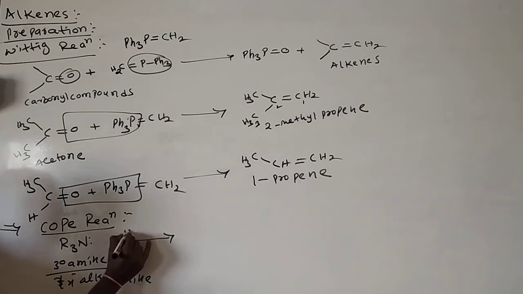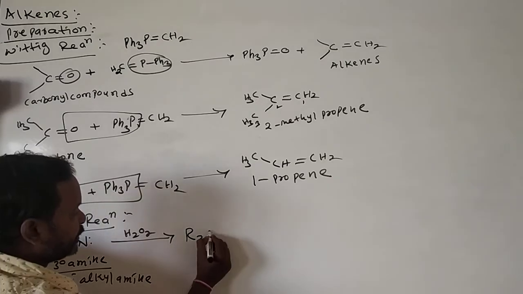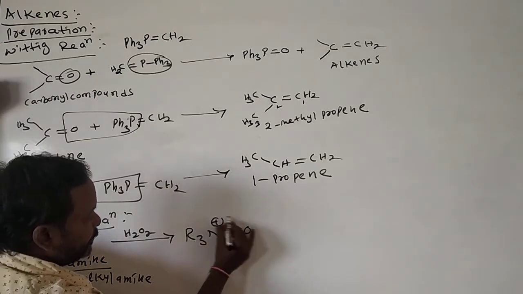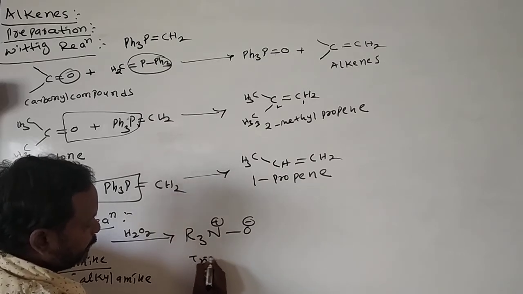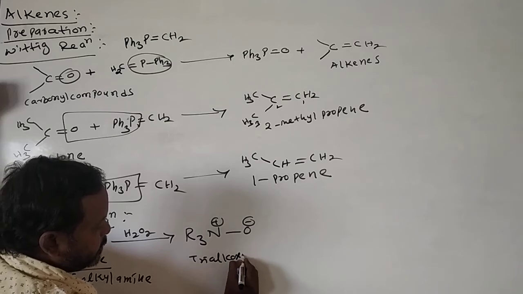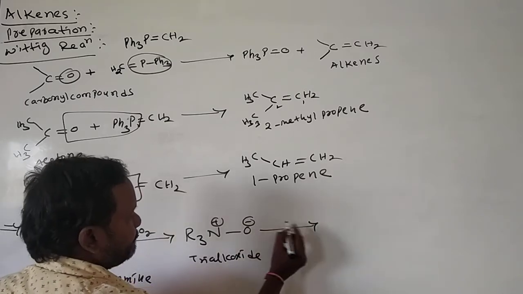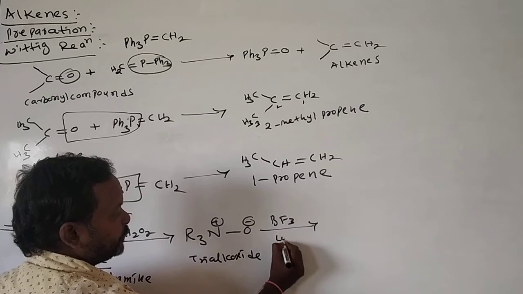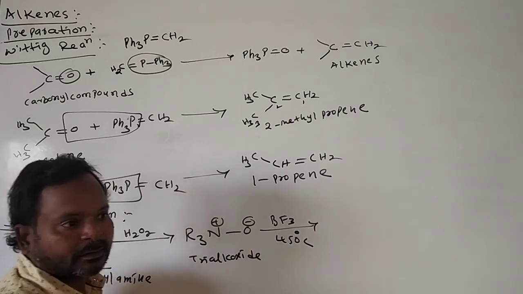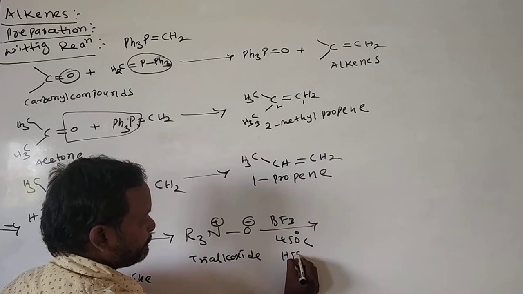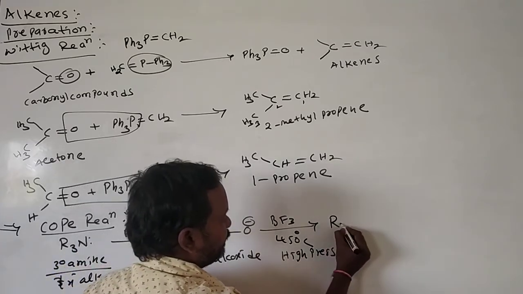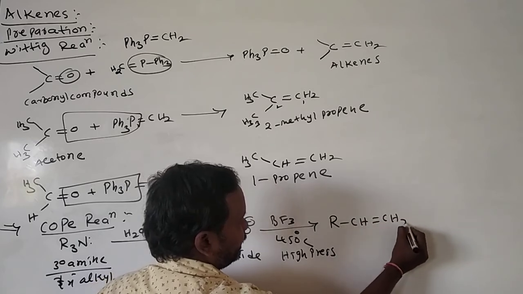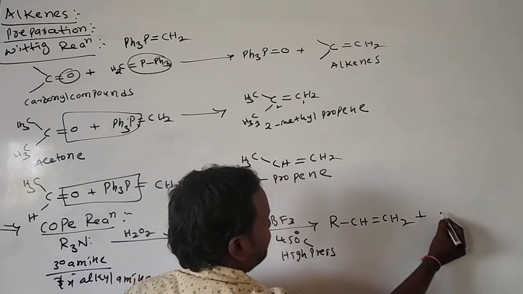When trialkyl amine reacts with hydrogen peroxide, we get R3N+O-, the amine oxide. This reacts with BF3 at 450 degrees centigrade and high pressure. Here we get alkenes, RCH double bond CH2.